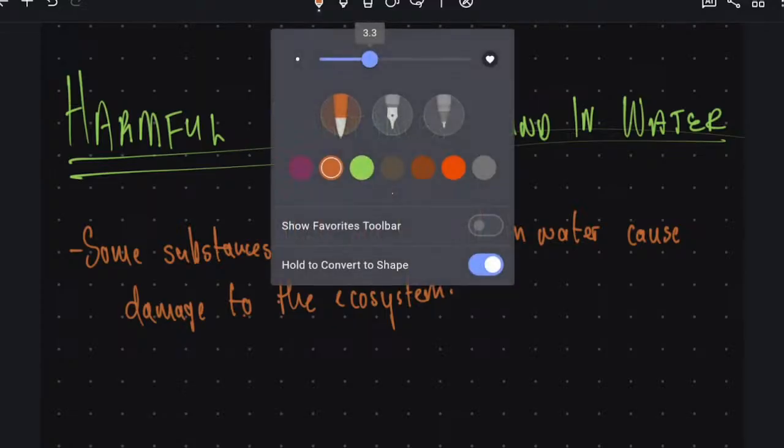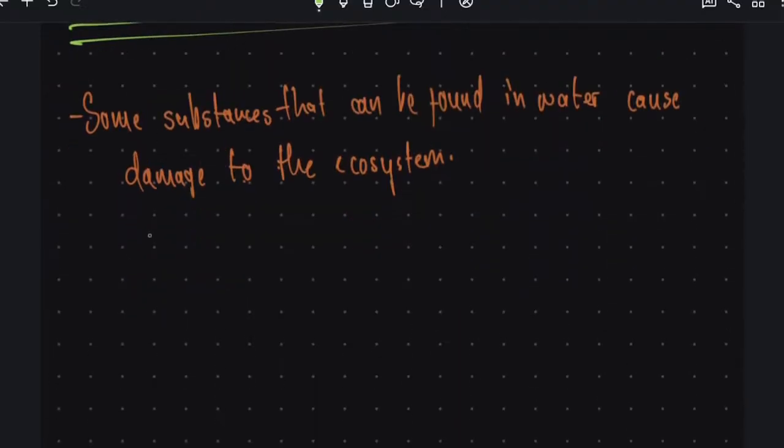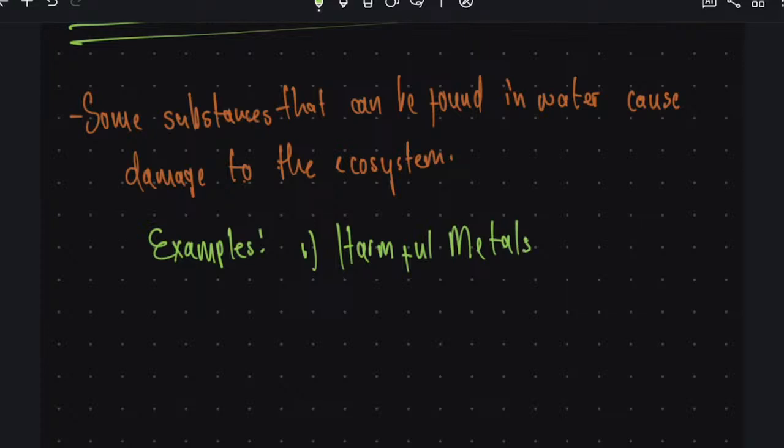Examples: one, harmful metals. Examples of metals that are harmful. Metal ions that are harmful.